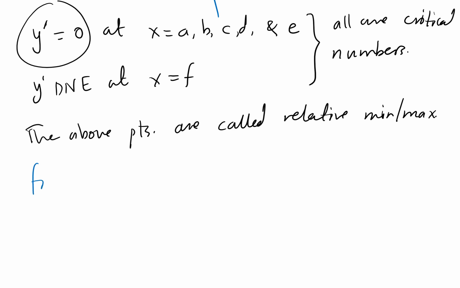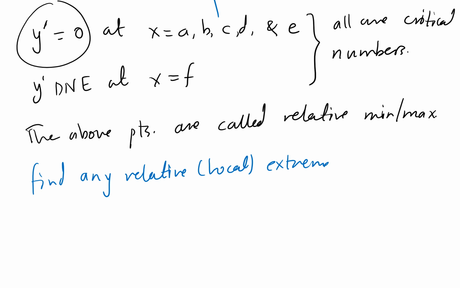Let's say someone asks you to find any relative or local extrema. We call it local. Extrema means min and max. So instead of saying min and max, we say extrema of this function: y equals x cubed minus x squared minus x plus 2.